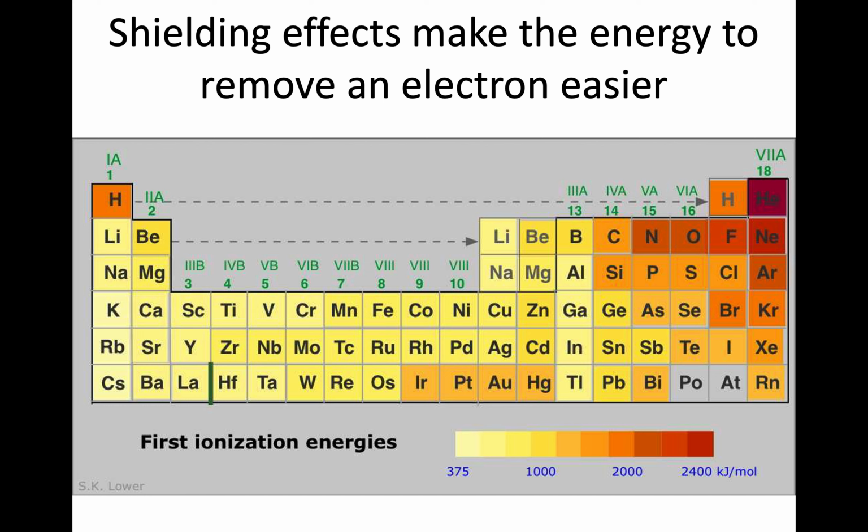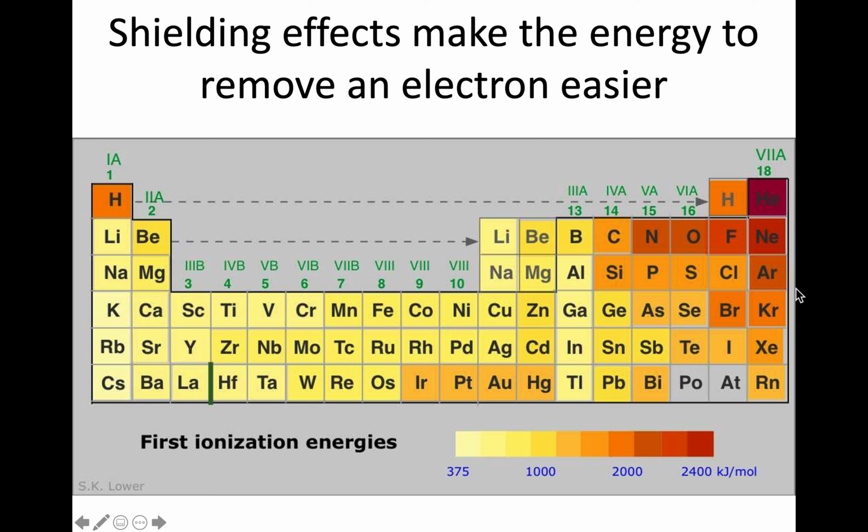The shielding effect basically makes the energy to remove an electron easier, because if you think of an atom as a central positive core, the nucleus, surrounded by electrons, the outermost electron could be shielded from the positive charge it's attracted to by inner electrons that, again, shield the charge. So a shielding effect will make the energy to remove an electron easier.